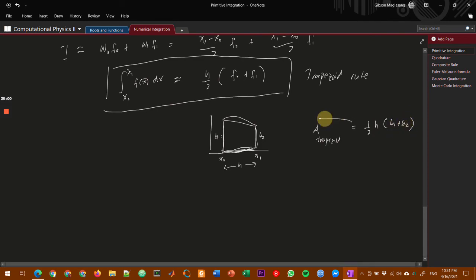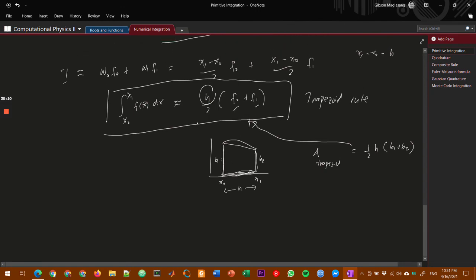Now this is actually the same equation. So this is your height and your bases are the function at x naught, f of x naught, and the function at x1, f of x1. So that's why it's called a trapezoid rule in evaluating the integral of this function.